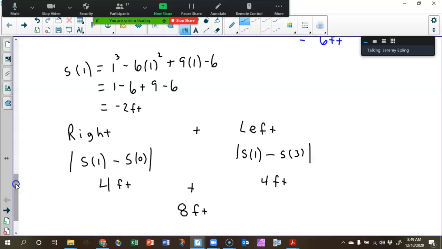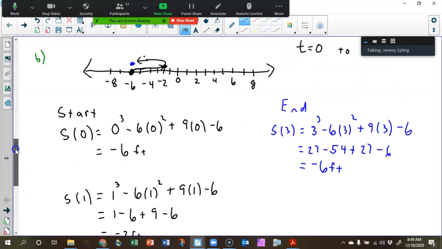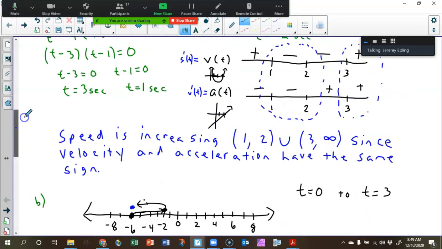Now, if we had gone more than 3 seconds, we would have changed directions again. So we would have done another piece to the right, however far we'd moved. We've got to know what our particle's doing. Our velocity, the change in distance divided by time. Okay.